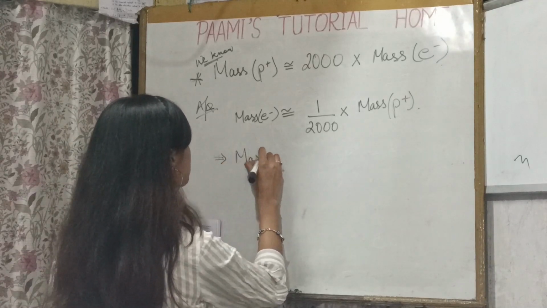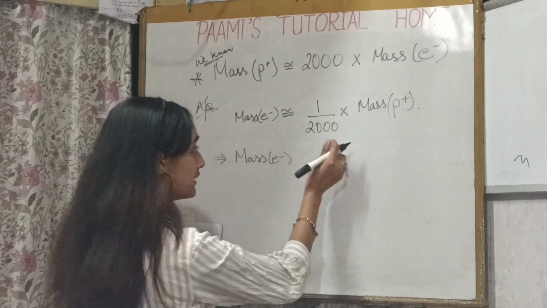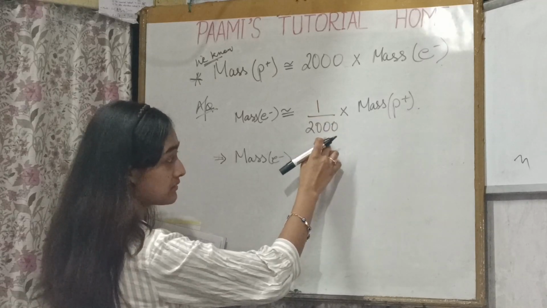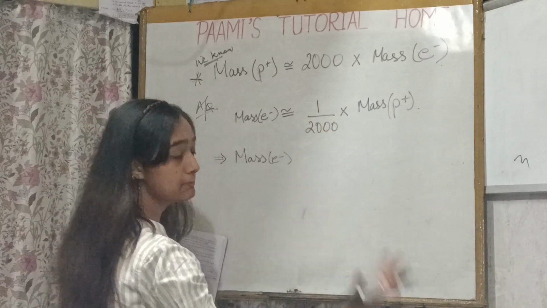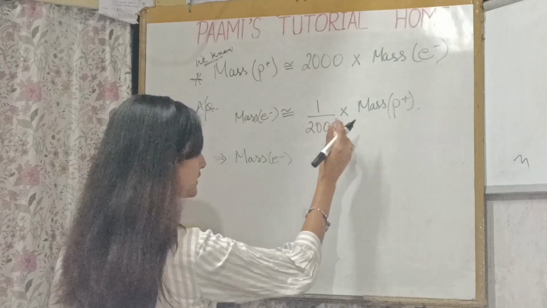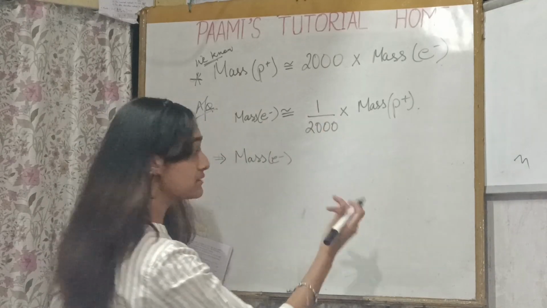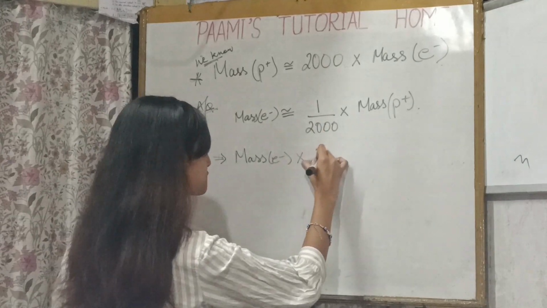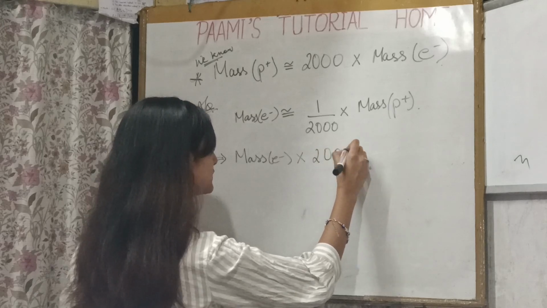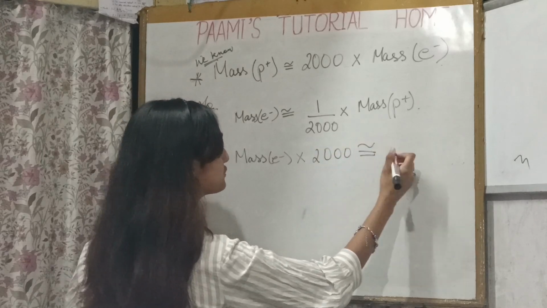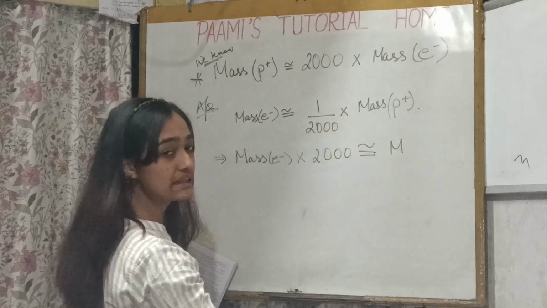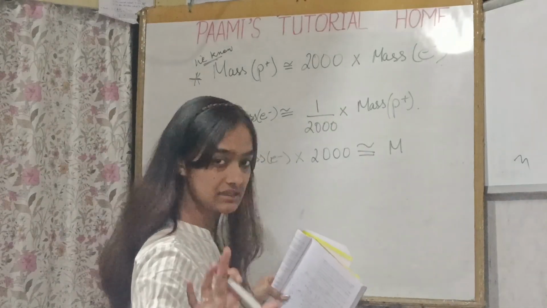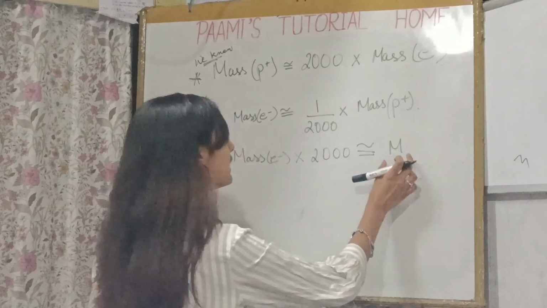It becomes mass of electron equals 1 by 2000 into mass of proton. The division by 2000 goes to the other side and becomes multiplication. So it becomes 2000 times mass of electron equals mass of proton into 1. Anything multiplied by 1 is the thing itself, so it's just mass of proton.